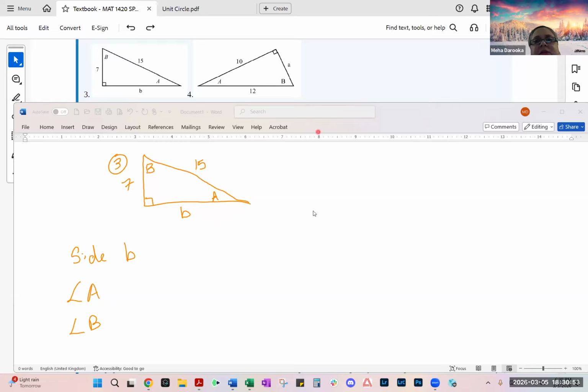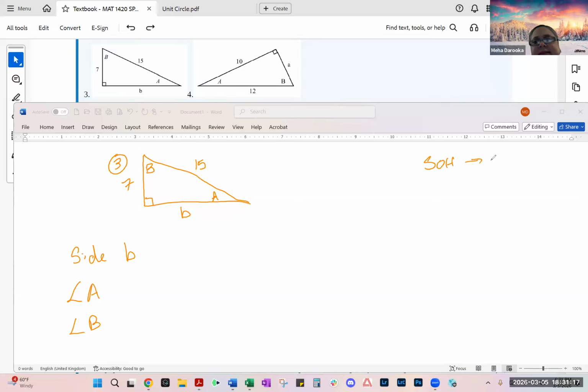Nathaniel, I see yours. That number looks fairly big for side B, so I think you should be able to simplify that radical. As you are working through this, remember SOHCAHTOA.